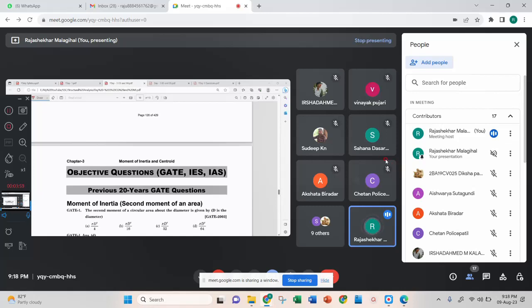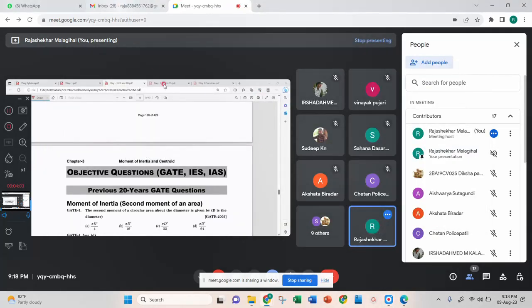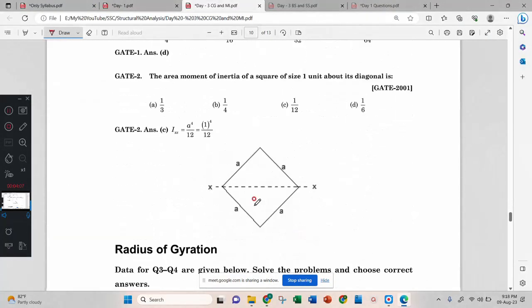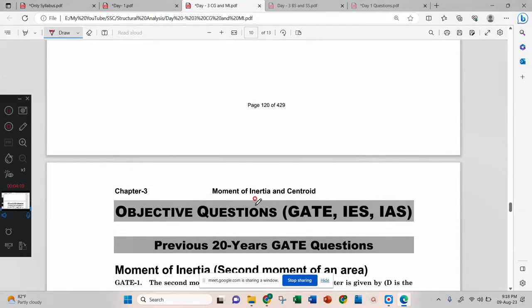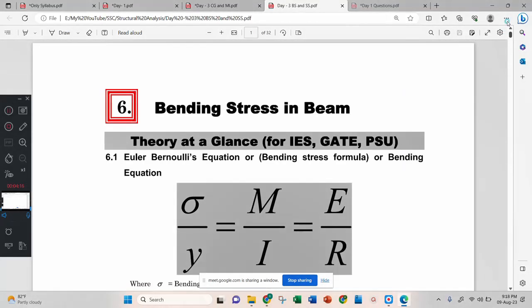Okay, we'll go ahead. Now I will take another chapter, because today's target is 3 chapters. The moment of inertia and CG questions we will solve later. Coming to bending stress in beams.